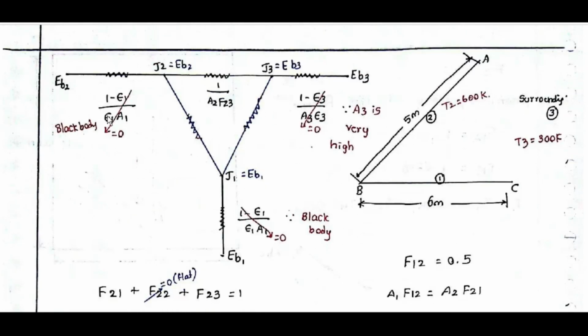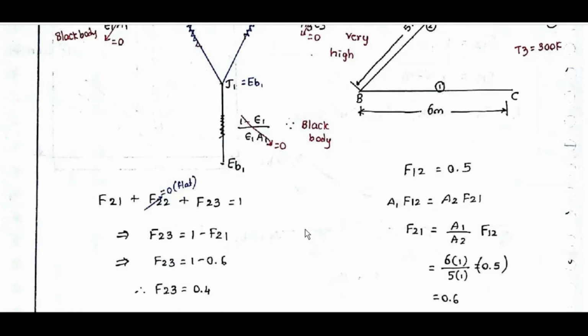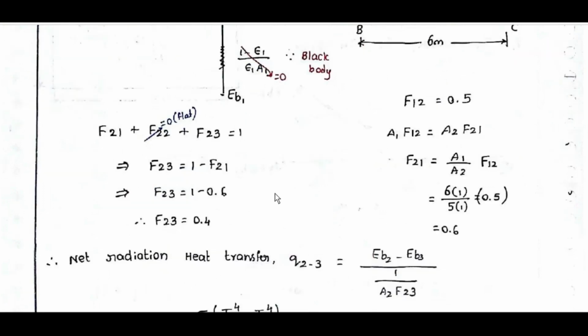And this (1 minus epsilon) by epsilon, epsilon 1, when it is 0, it is a black body. Okay, just drawing circuits.